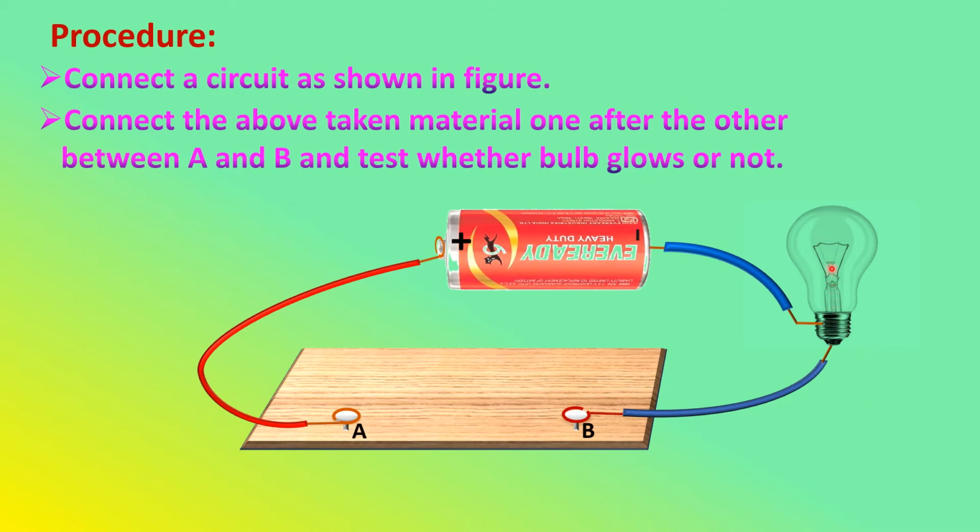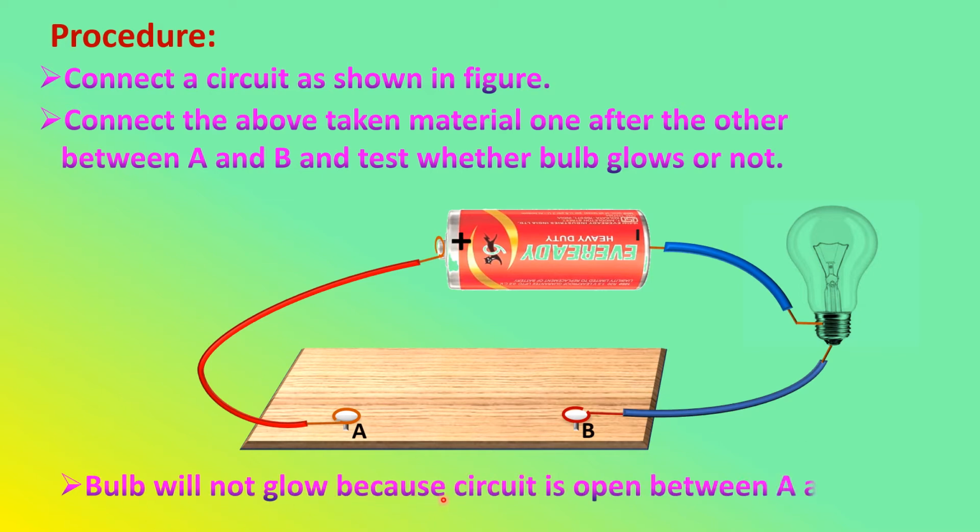Therefore, the bulb will not glow. Bulb will not glow because the circuit is open between A and B. Now, I will connect whatever material I have taken between the points A and B, one after the other. Let us check.